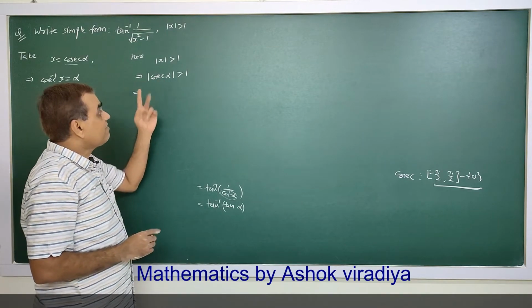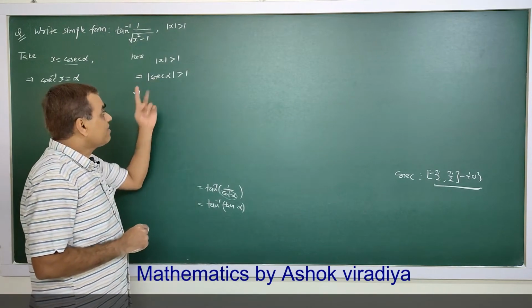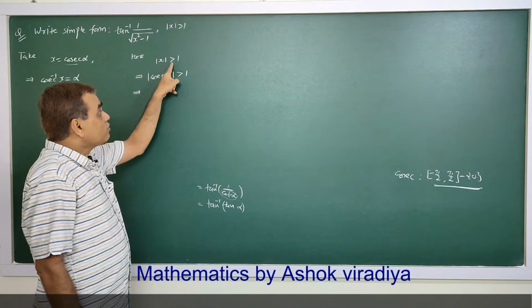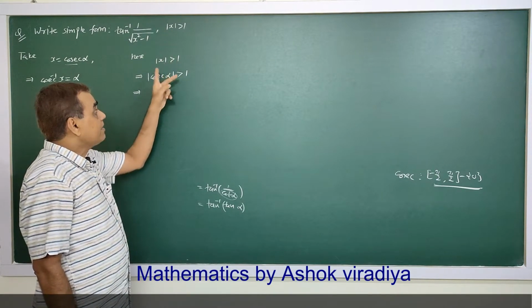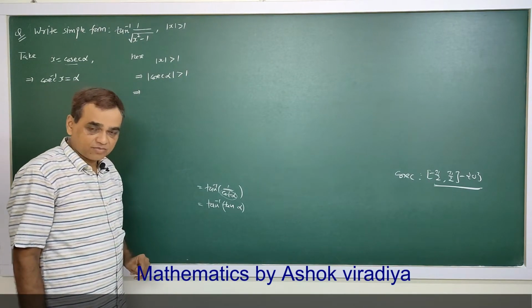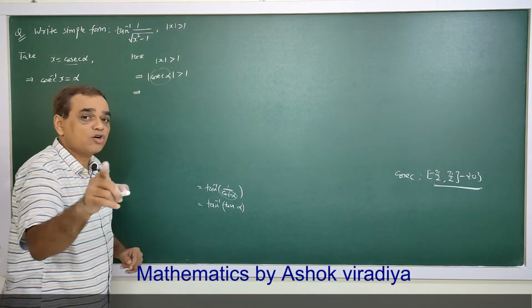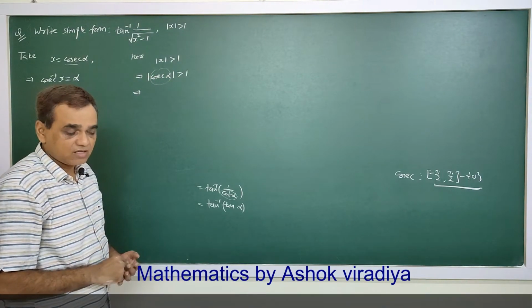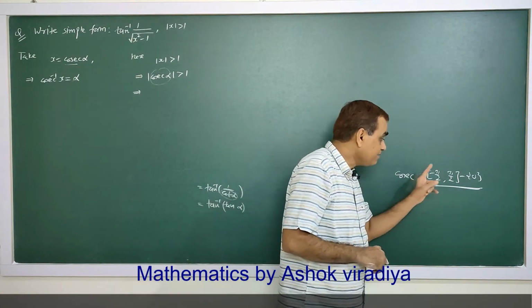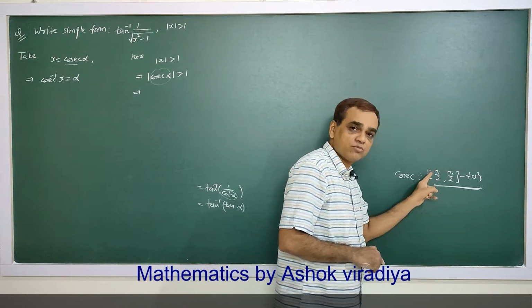So cosec alpha is neither plus 1 nor minus 1, that means alpha will not be equal to pi by 2 or minus pi by 2.